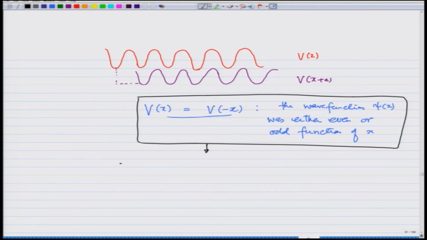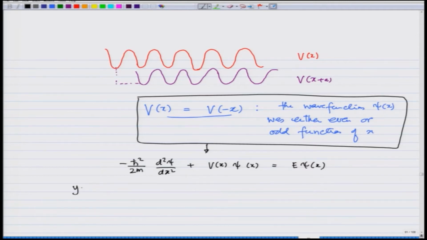In this case the Schrodinger equation is minus h cross square over 2m d2 psi over dx square plus V(x) psi(x) is equal to E psi(x). And what we did in that case was we replaced x by minus x.